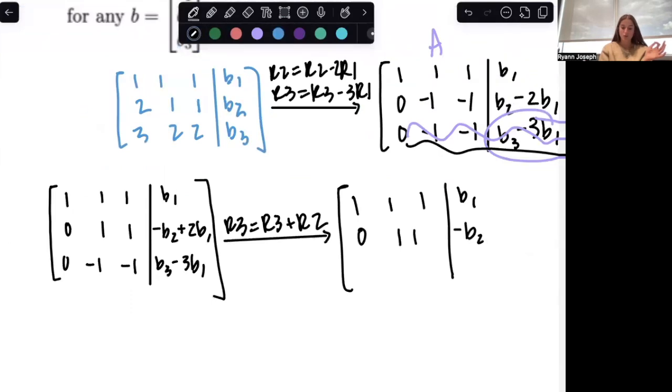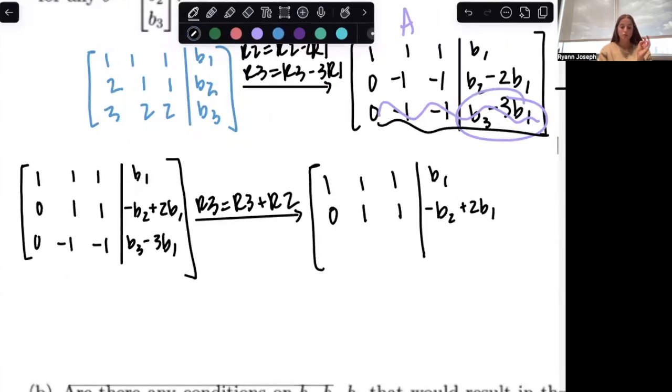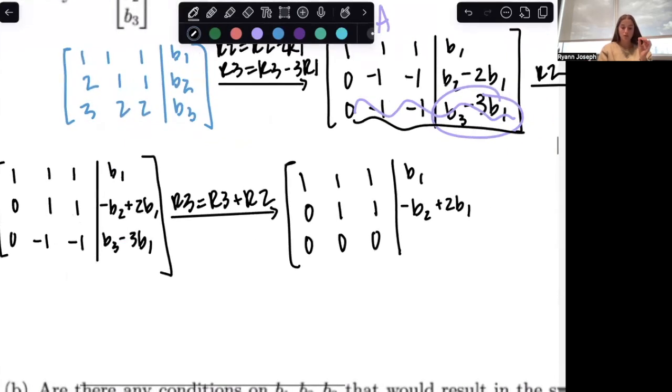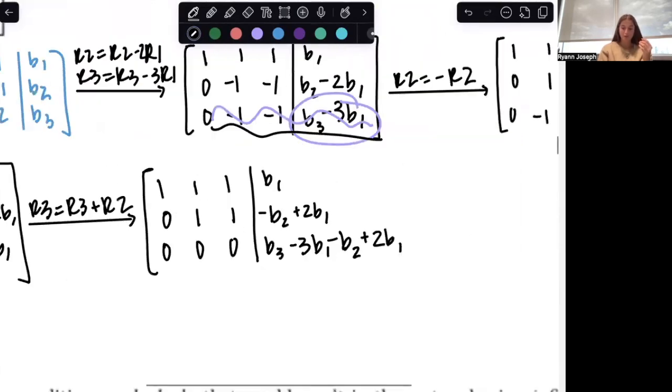Negative B2 plus 2B1. So row 3 is equal to row 3 plus row 2, 0, negative 1 plus 1, 0, negative 1 plus 1, 0. B3 minus 3B1 minus B2 plus 2B1.